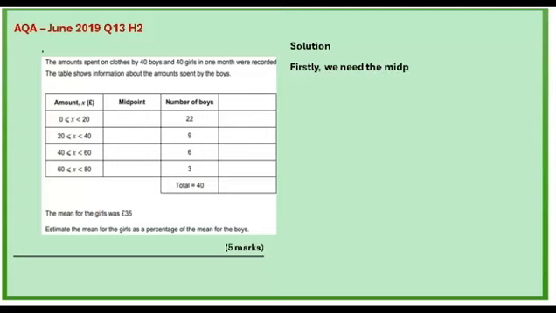So in our situation, the midpoints are: for the first, 10; for the second, 30; for the third, 50; and for the last one, 70.